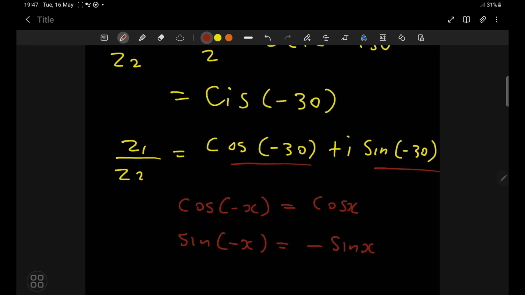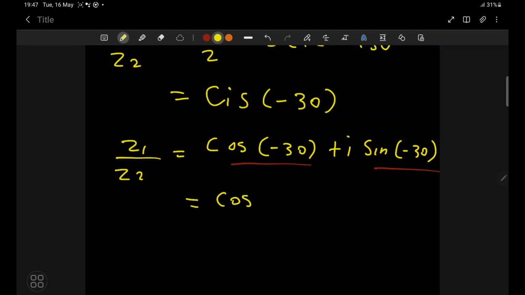Applying this principle, this will just be cos 30 minus i sine 30.